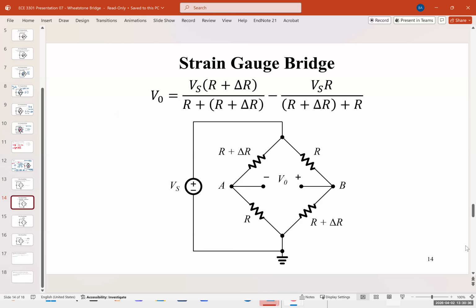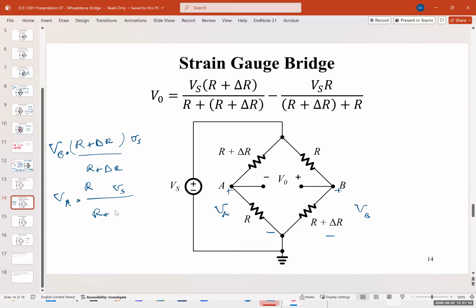And using the same principles that we used for the voltage divider in the example we had, VB, which is this voltage, is going to be equal to R plus delta R times Vs over R plus delta R. And VA, which is this voltage, is going to be equal to R times Vs over R plus delta R. So this is our VB and this is our VA.